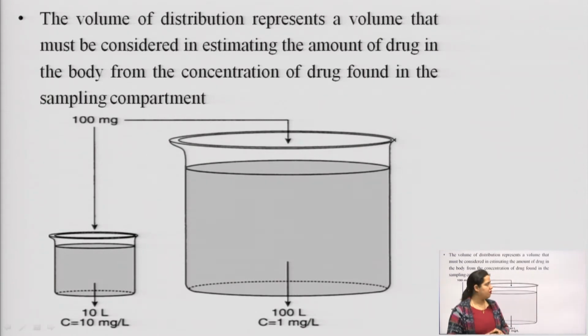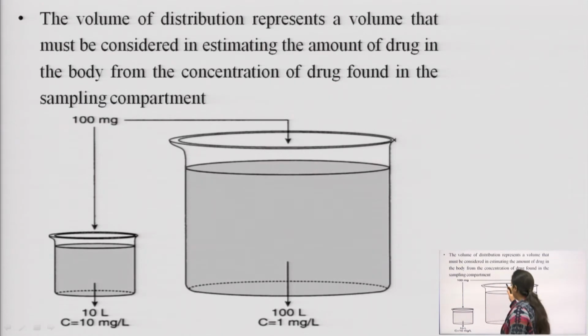When performing experimentation, we take small samples from the main compartment, which we consider as the body, at different time intervals and analyze the values. From that we can identify the required parameters.